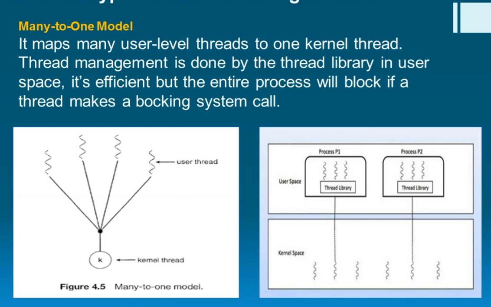In this picture, we have one kernel thread and four user threads, and this explains that only one thread can access the kernel at a time, so multiple threads are unable to run in parallel on a multiprocessor.